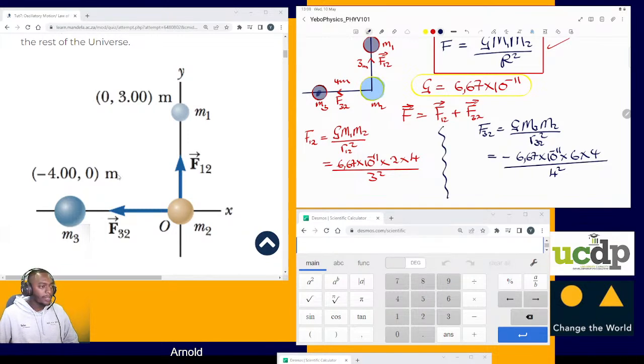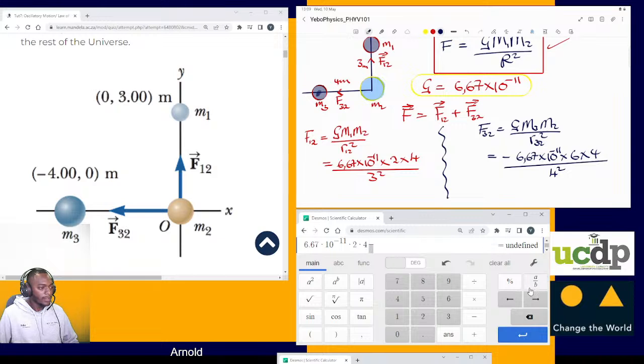So now let's use our calculator to punch in these values that we have here. The first one will be 6 times 2 times 4, equals to that.